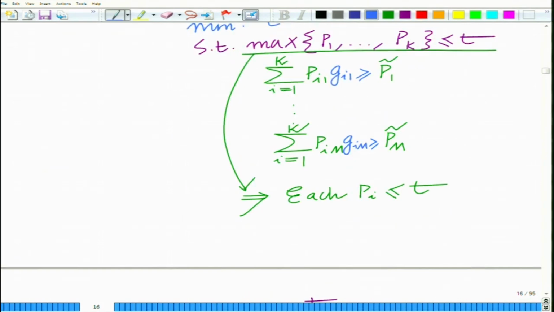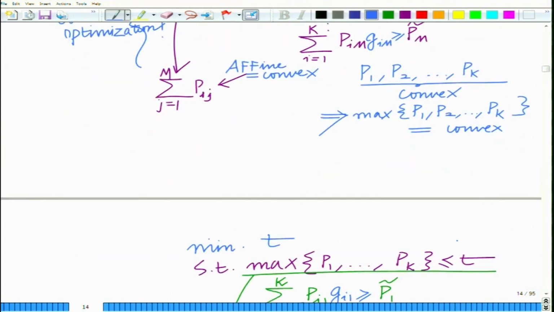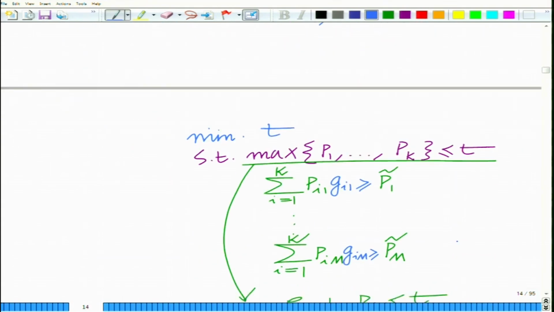Just let me make sure that we are not missing this at any point. Yes, so we want to minimize the maximum, correct. Using the epigraph form, I can write this as minimize t such that the maximum is less than or equal to t.